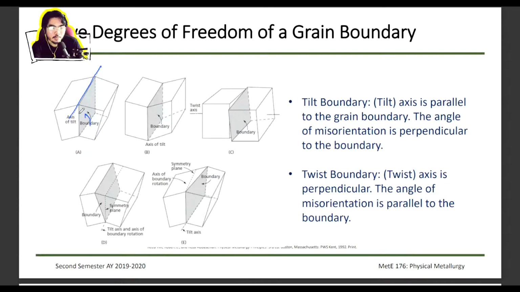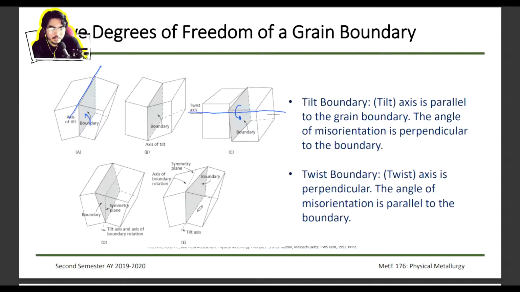So, the boundary can tilt. Sorry. So this is the tilt axis, and then we also have another one known as the twist axis, where the boundary twists along this axis right here.